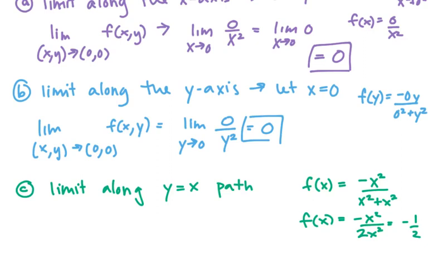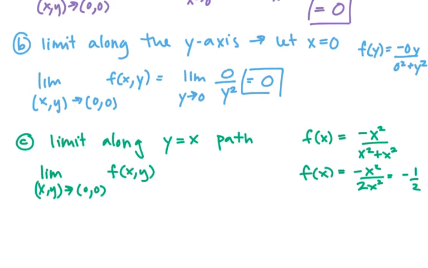So in this situation, along that path, the limit as (x,y) approaches (0,0), well, now we're just considering this a function. Instead of f of (x,y), it's f of (x,x). So this is the same as saying the limit as x approaches 0 of negative 1/2.